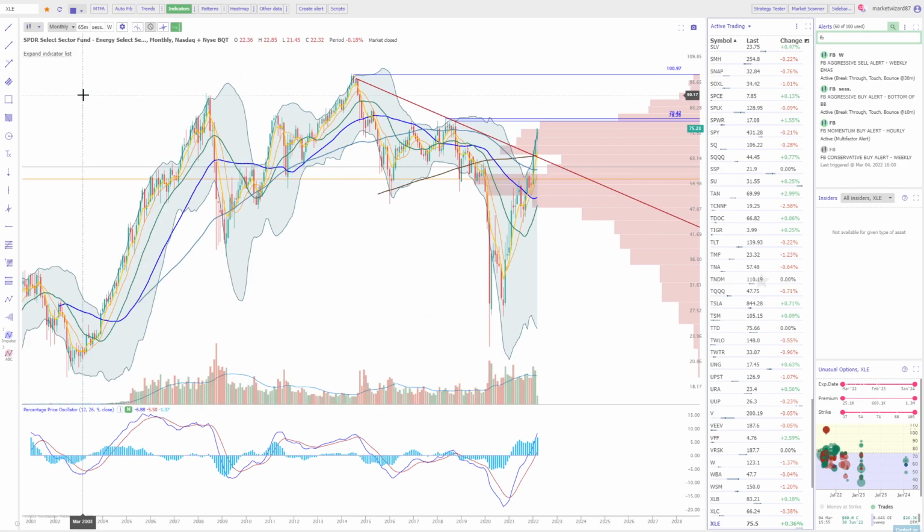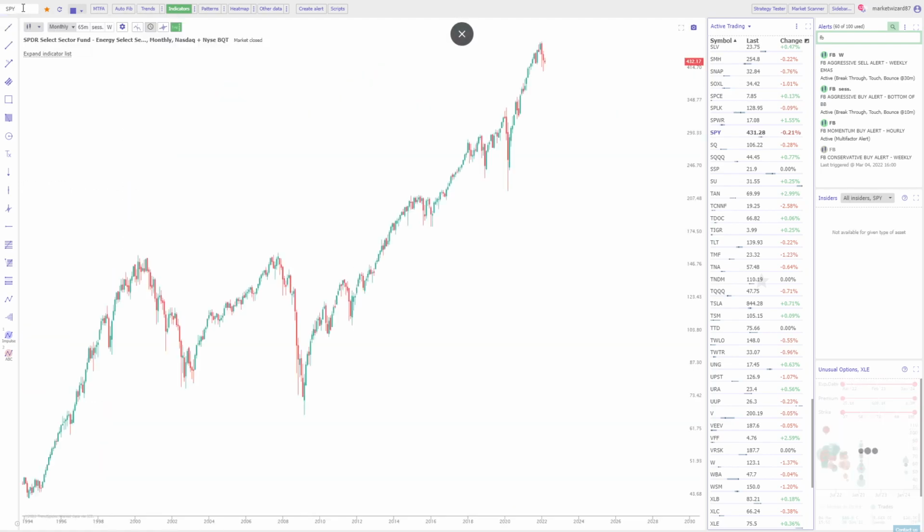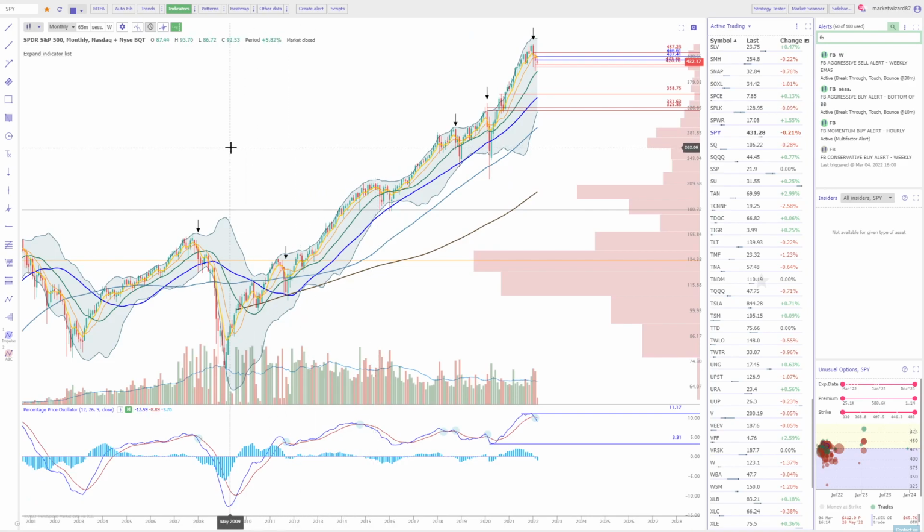Why not? And I mean, this is another thing that people should be looking at. When XLE topped was May 2008, bottomed March 2009. May 2008. This is October 2007.